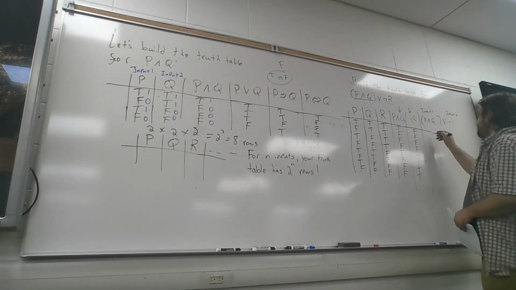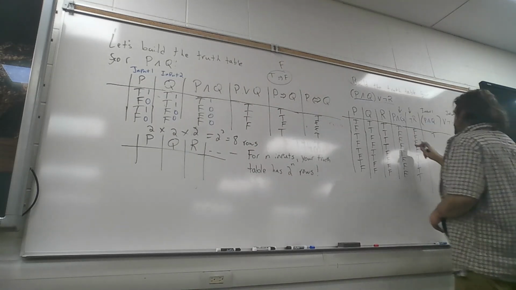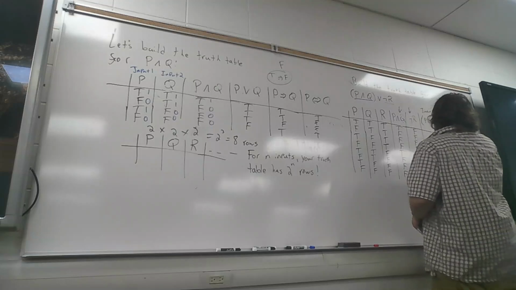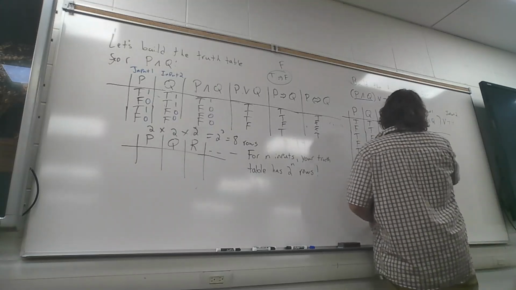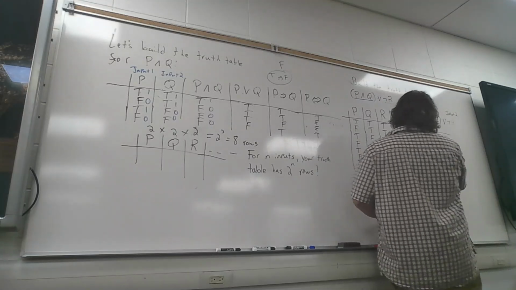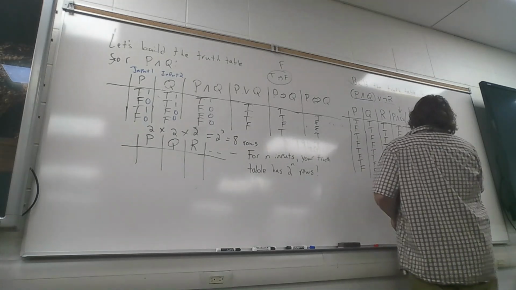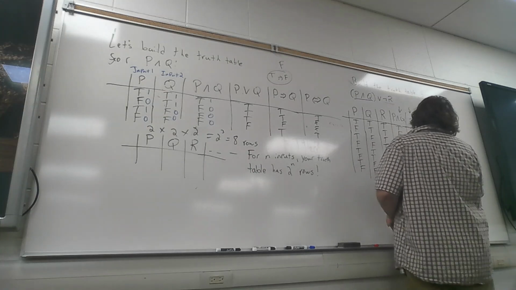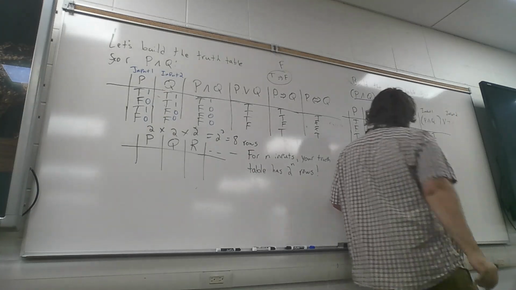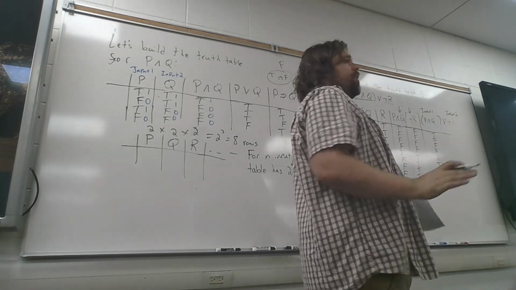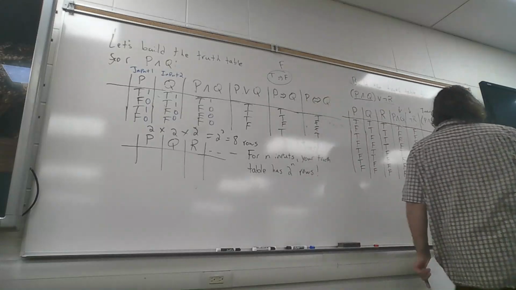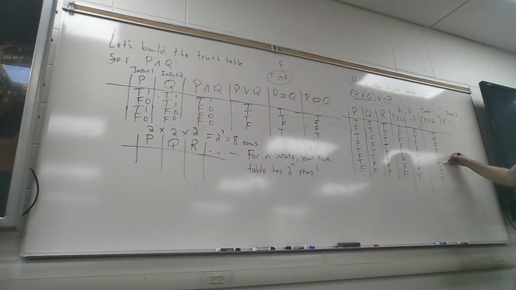T or F, that's going to be a T. F or F, that's an F. F or F. F or F. T, T. F, T. F, T. And F. And then just one last check. We go, okay, did I miss anything? 1, 2, 3, 4, 5, 6, 7, 8.